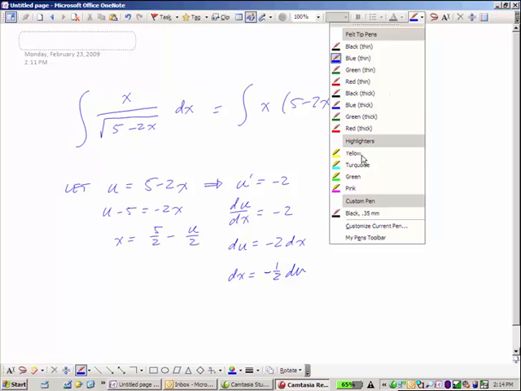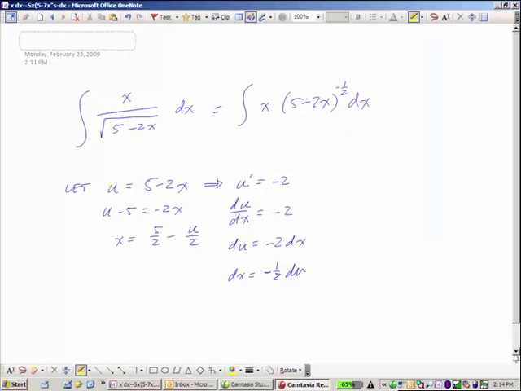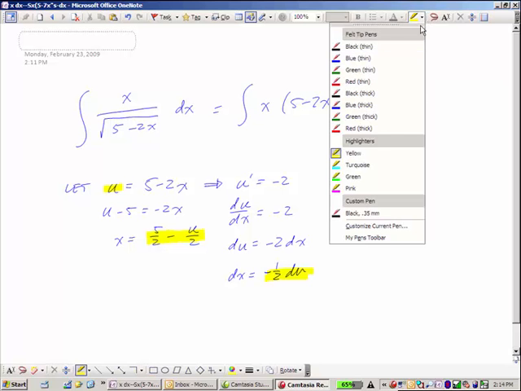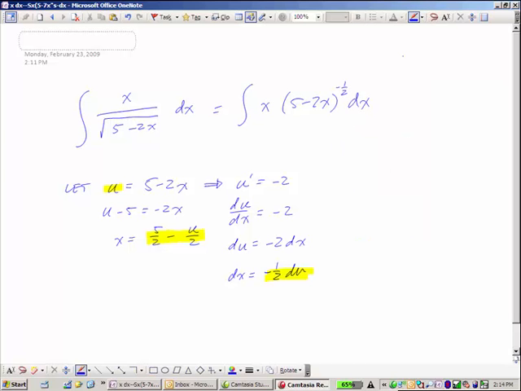Alright, I think I know what u is, I know what x is, and I know what dx is. I think I have all my things to plug in now. Actually, this is, yeah, no, that's great. Okay. Alright, we ready? Alright. Instead of x, I write, instead of 5 minus 2x, I write u.